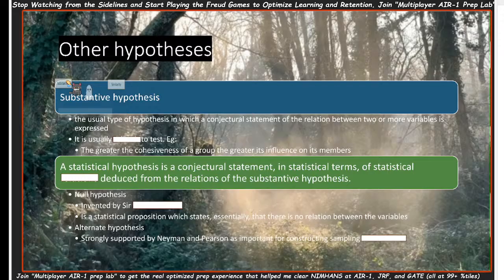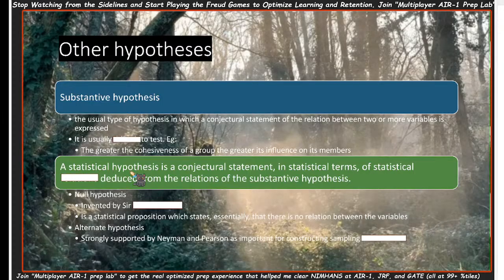If you say the mean of the experimental group will be significantly different from the mean of the control group at 95% confidence interval, that is more of a statistical hypothesis.